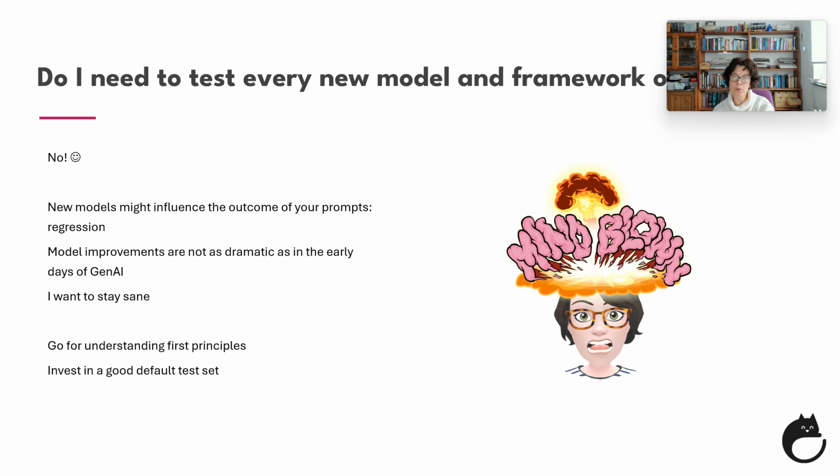I select the models that I want to run this prompt against, and I can just compare the output and the responses. And if I see big changes, either positive or negative, at least I know. And based on that little regression test with my golden standard, I can recommend to my clients, hey, it might be interesting for you to upgrade to this model because it's better, cheaper, faster, what have you.